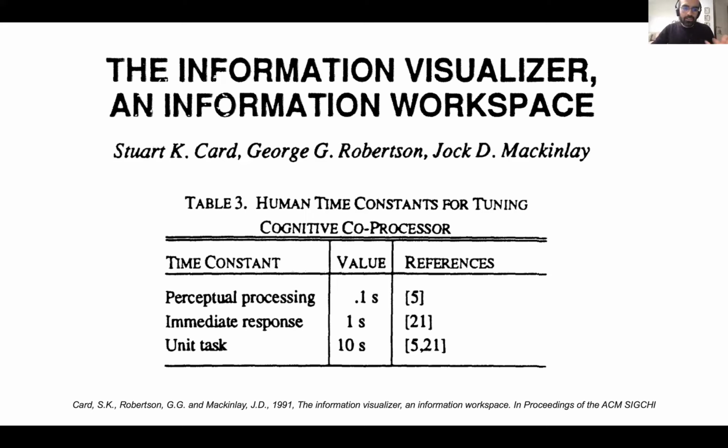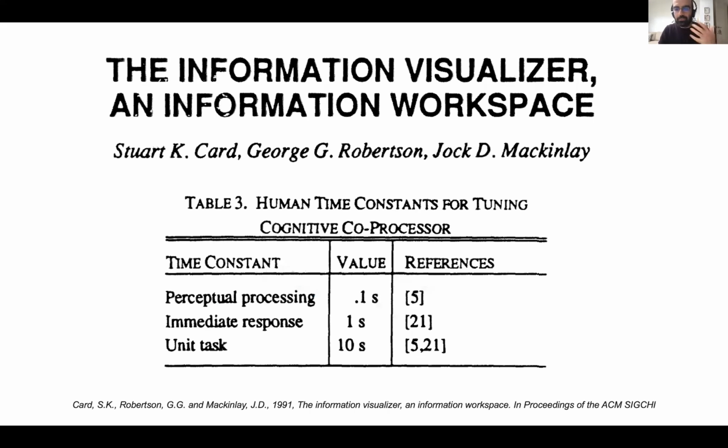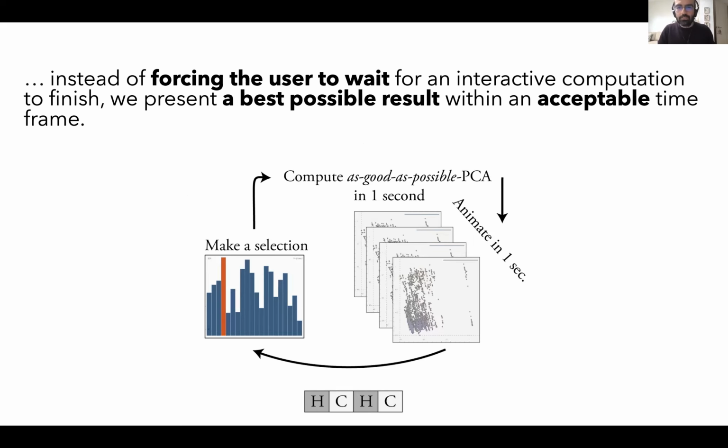So that was quite an interesting revelation: it's not only about the computation, but also about the people in that process. So we came up with an interactive process where, instead of forcing people to wait for an interactive computation to finish, we present the best possible result within an acceptable time frame, acceptable meaning informed by this table, a time frame in which the user needs to be given a response.